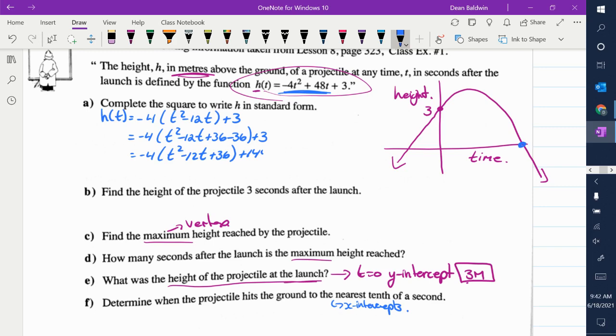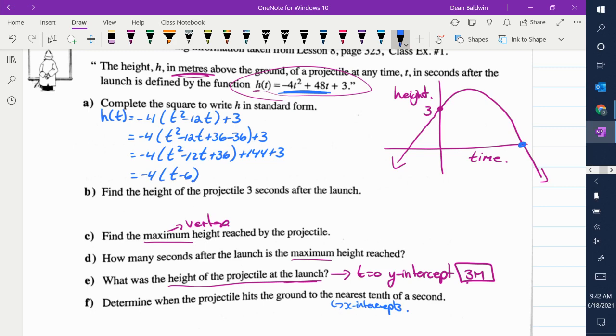So it's positive 144. And now you just factor the brackets, which we know are going to be a perfect square.